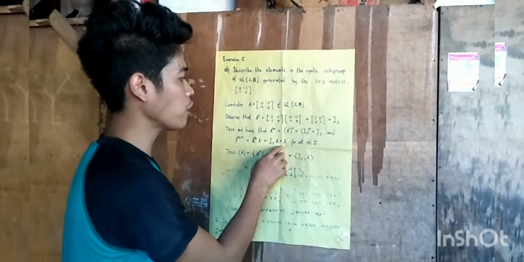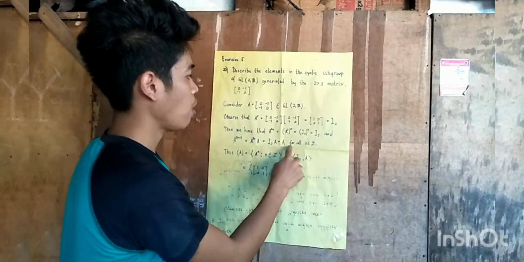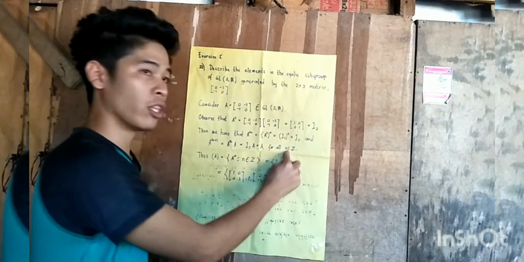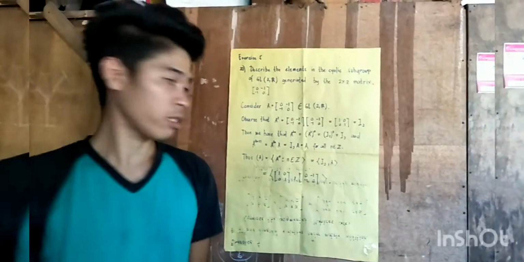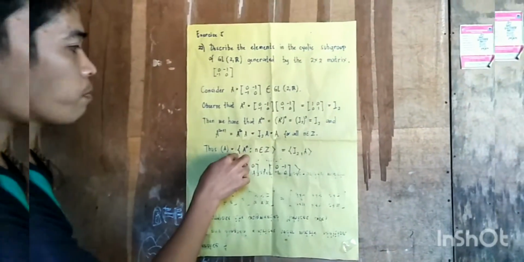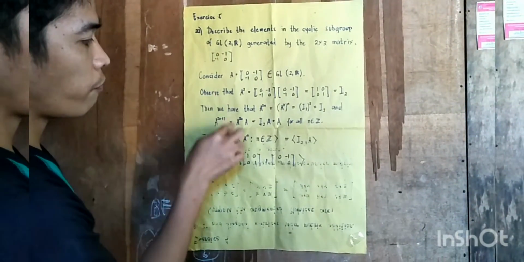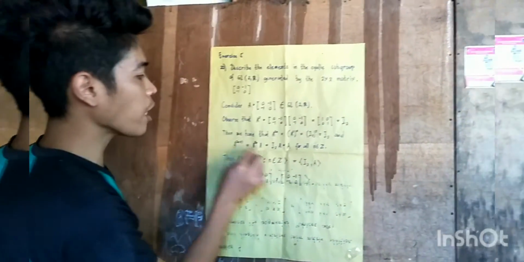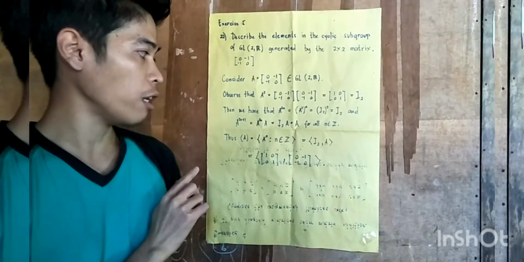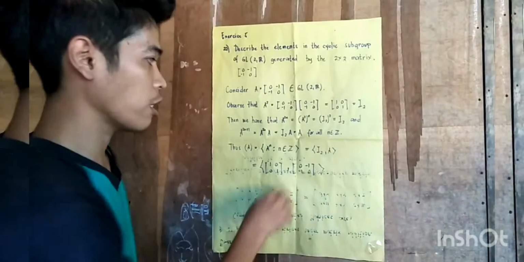So we have the identity matrix or A, for all n an element of the integers.